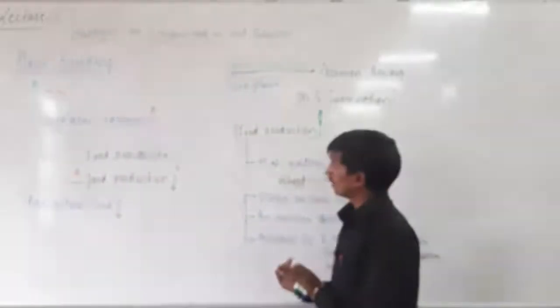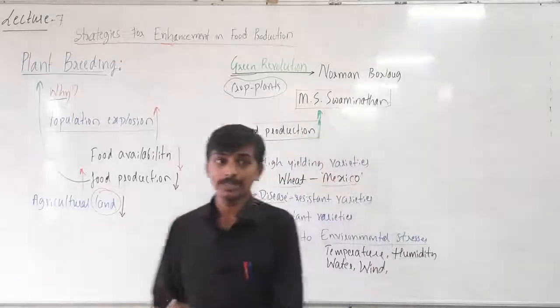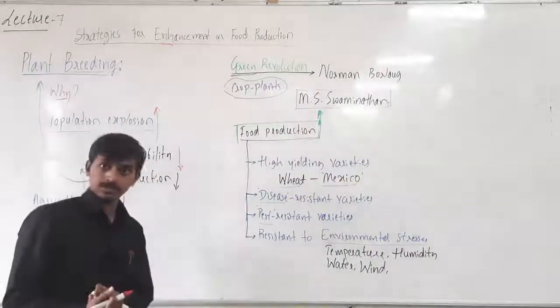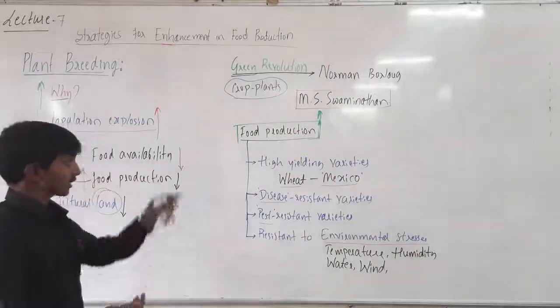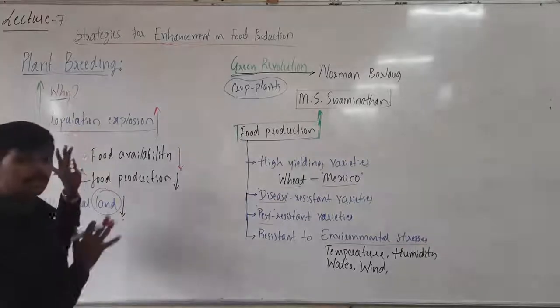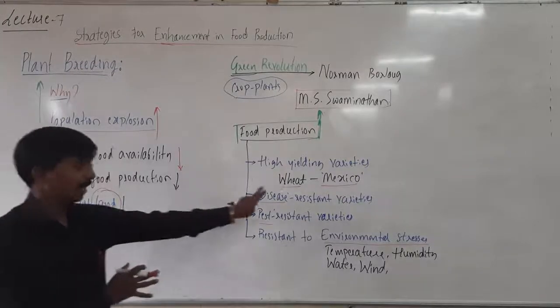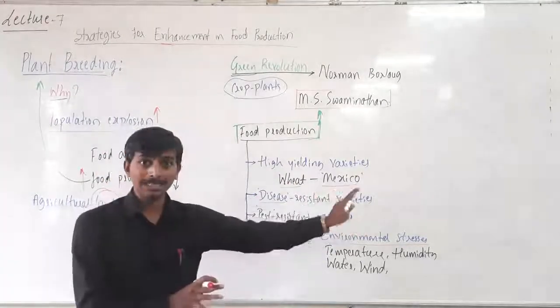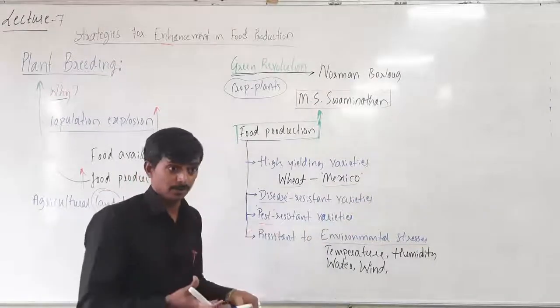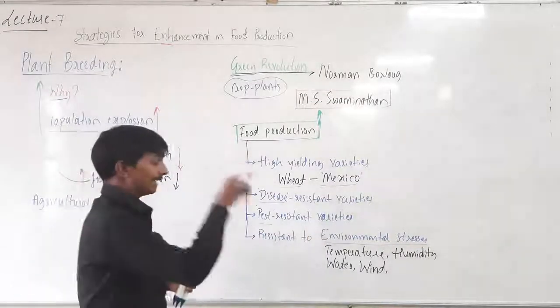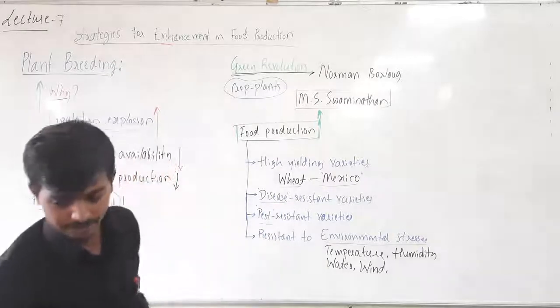So, that is how plant breeding has started. This is the actual need of plant breeding. This is the aim of plant breeding, why it has been done, what is the purpose, how it should be brought into practice.